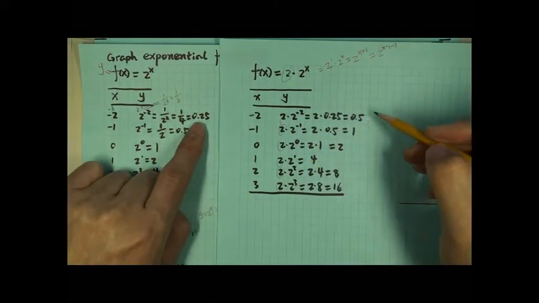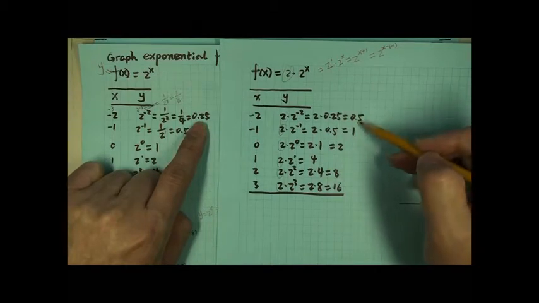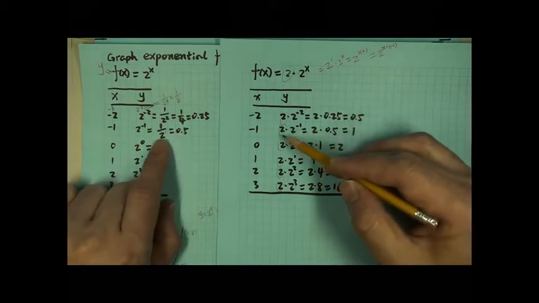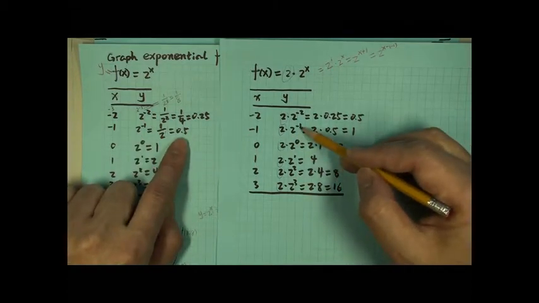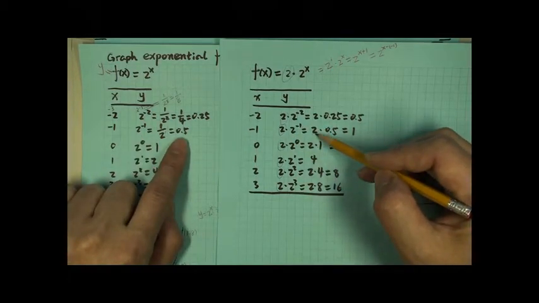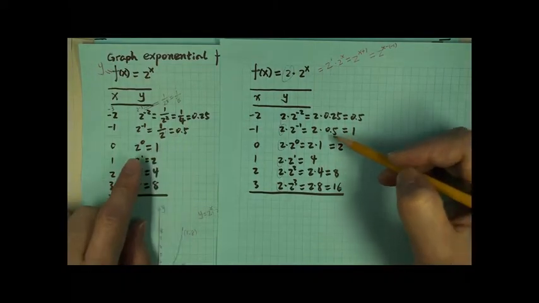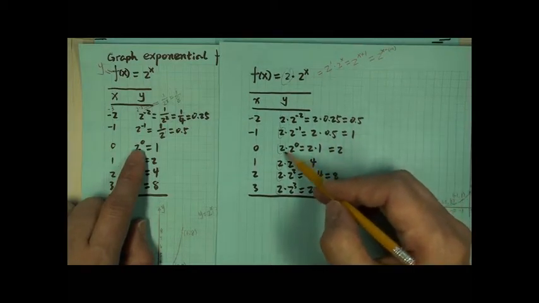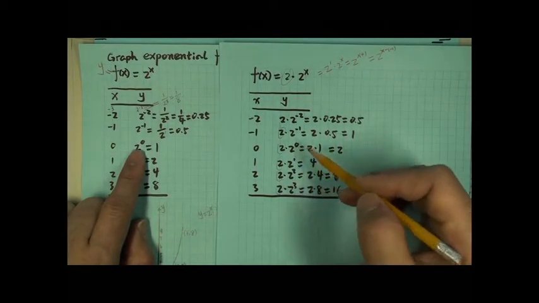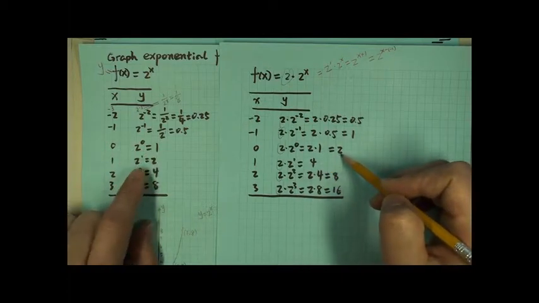So you have 0.25, then times 2 you get 0.5. Here, 2 times 2 to the negative 1 is 2 times 0.5, you get 1. 2 to the 0, you multiply by 2, so you have 2 to the 1, 2 times 1, which is 2.